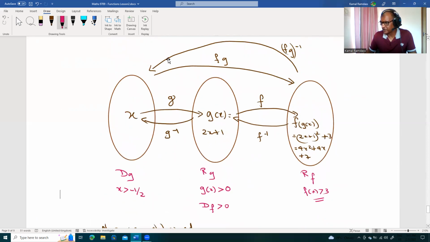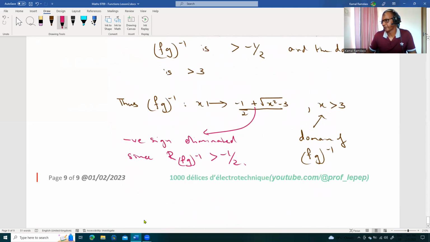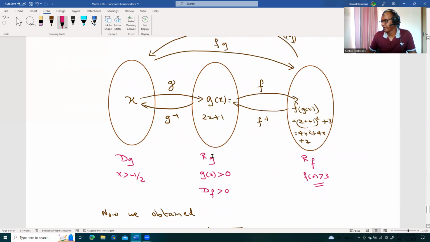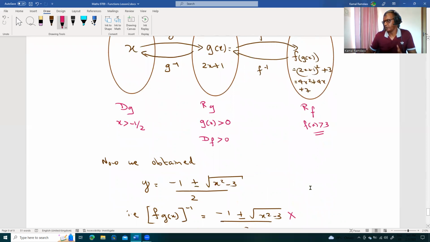The range of f of g inverse, là, moi, je faire confusion. The range of f of g inverse, ça veut dire, nous prenons là, nous map here, plus grand que minus half. OK. C'est bon. And the domain, plus grand que 3. OK. Ça des affaires à nous bien connaître.